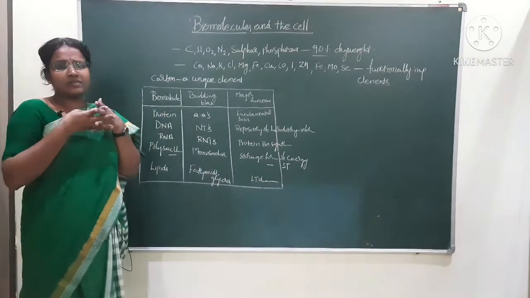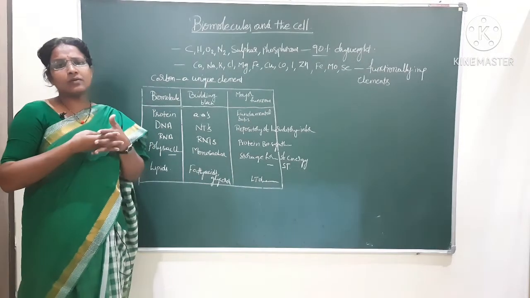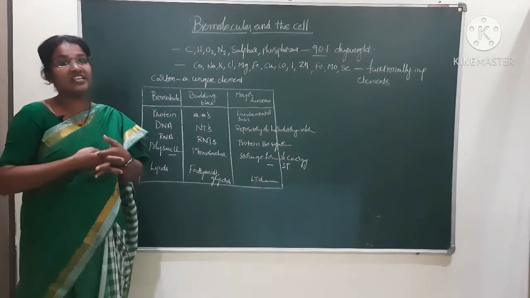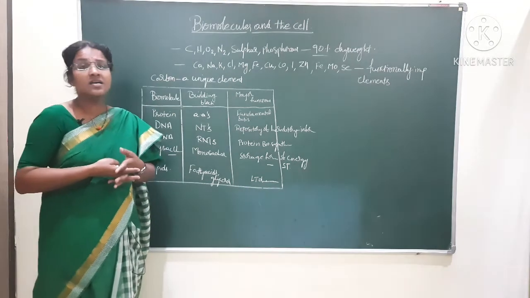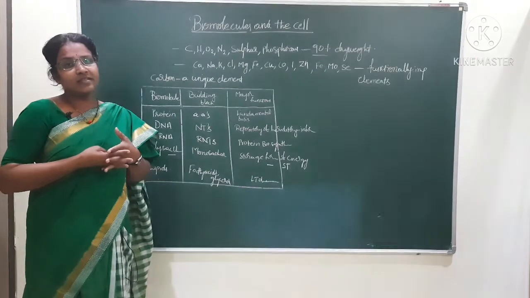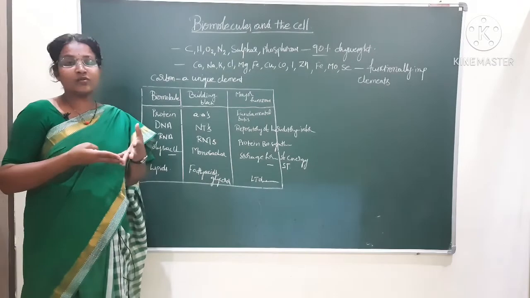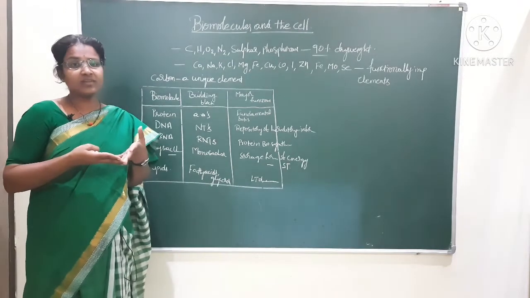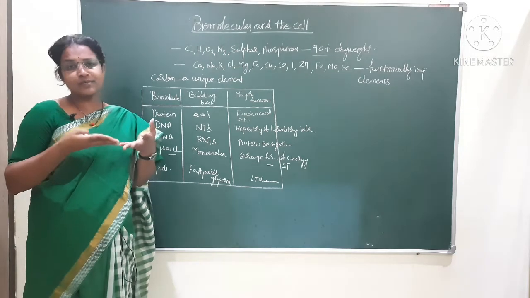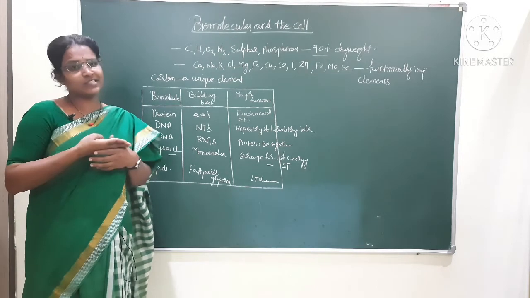One element combines with another element and leads to the formation of different substances. All of you know about this. If you take a carbohydrate, it is made with carbon, hydrogen, oxygen. If you take protein, it is made with carbon, hydrogen, oxygen, nitrogen, phosphorus.